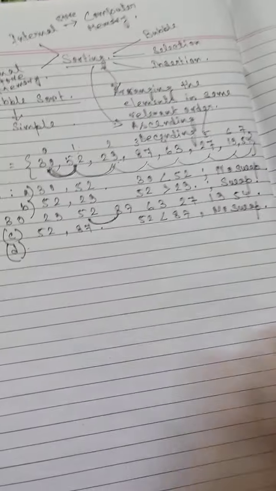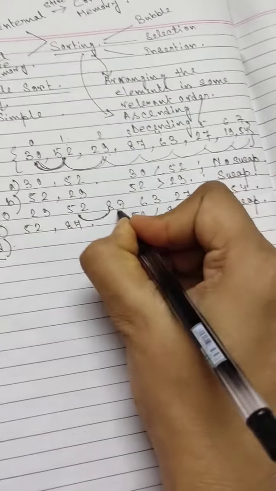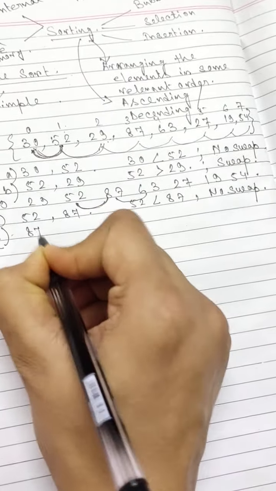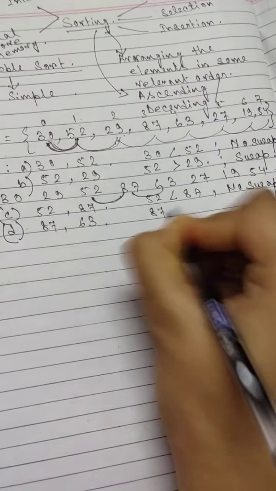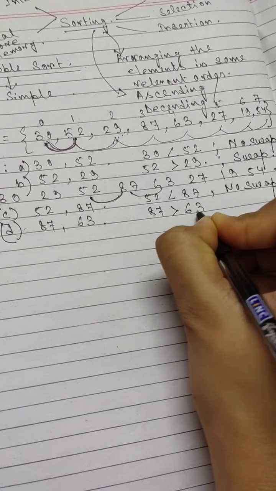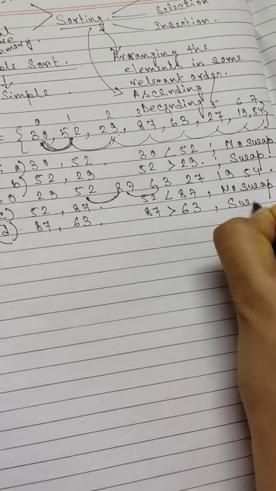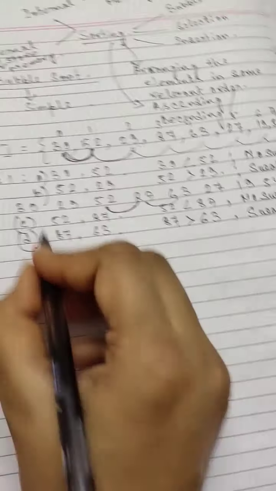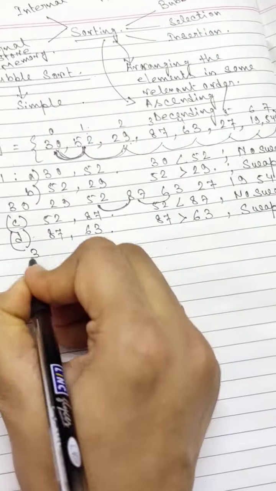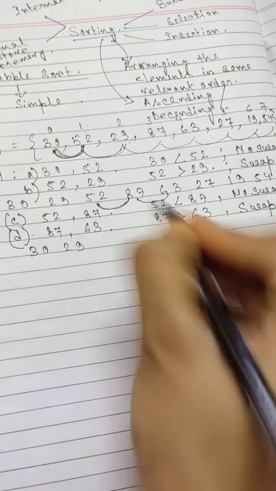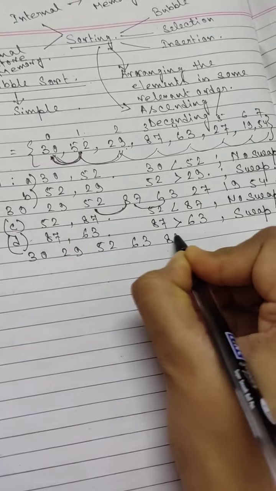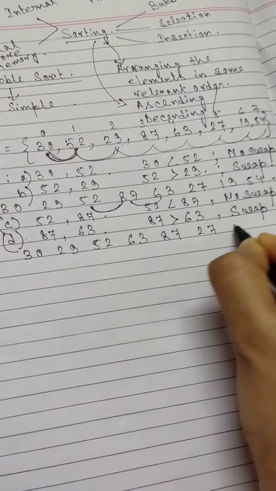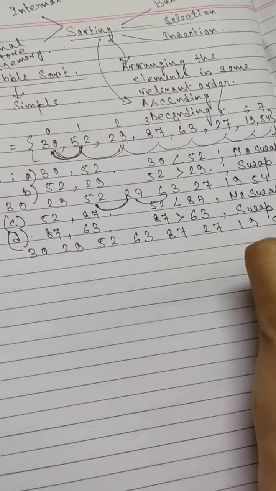In the next step, 87 and 63 are compared, and here 87 is greater than 63, so swapping is done. So the values will be 30, 29, 52, 63, 87, 27, 19 and 54.